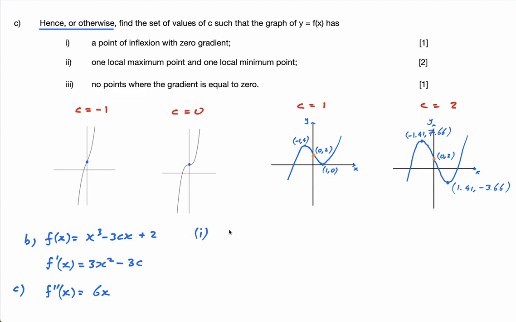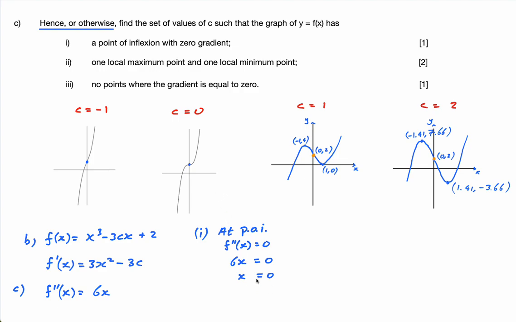So I'll write that down: at POI, that's point of inflection, f double dash of x equals 0. Therefore 6x equals 0, therefore x equals 0. So we know the point of inflection is at 0. You can see that's true for any of these because there is no c. It's independent of c. So it's always going to be at 0.